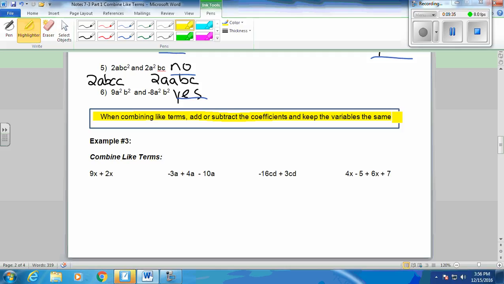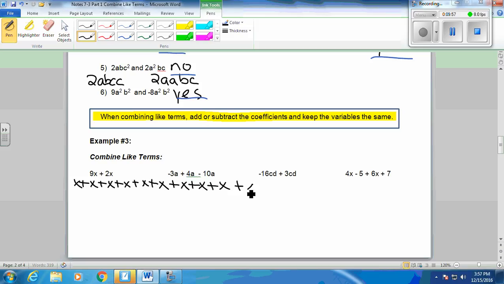When I look at this, this is saying 9x plus 2x. That's literally x plus x plus x plus x plus x plus x, 1, 2, 3, 4, 5, 6, 7, 8, 9. Don't write that all down, but that's literally 9 x's.